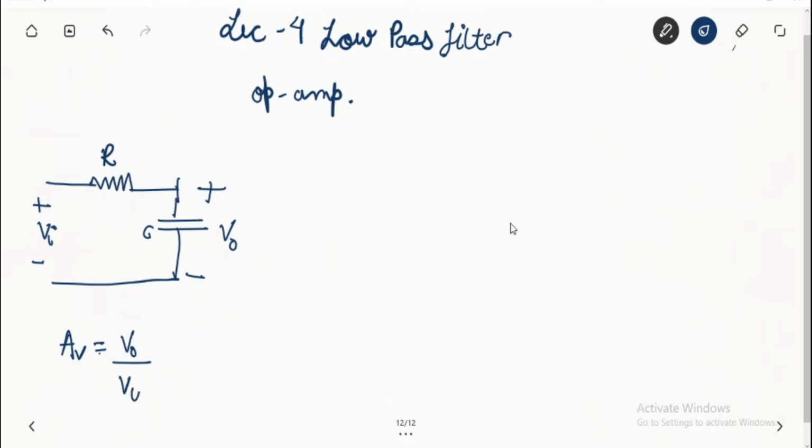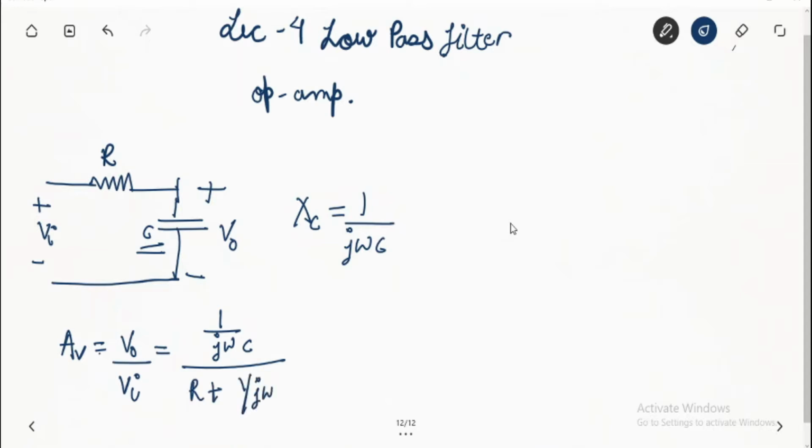If you have not watched my lecture 3, you will get the link in the description box below. V0 is the voltage across C. Now the reactance XC is 1 upon j omega C. Putting the value here, you will get 1 upon j omega C upon R plus 1 upon j omega C.